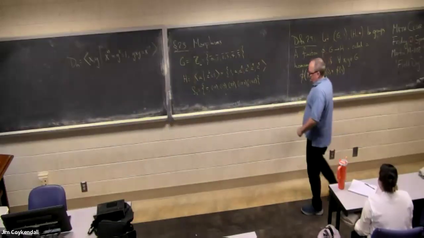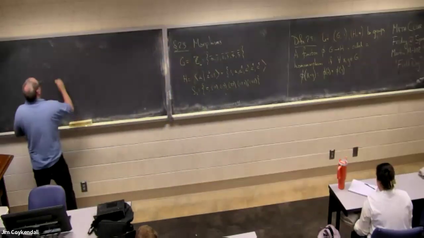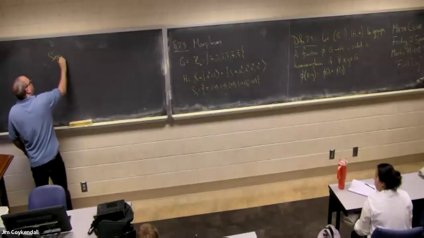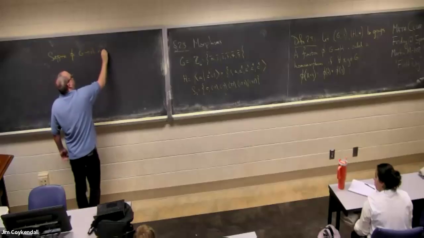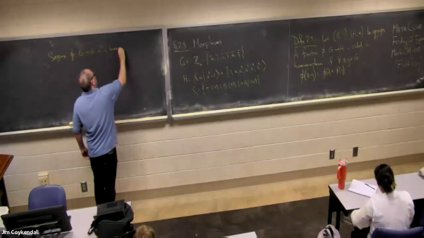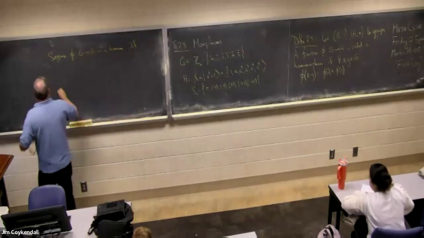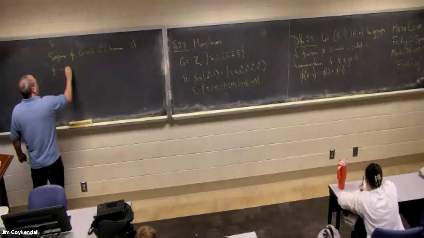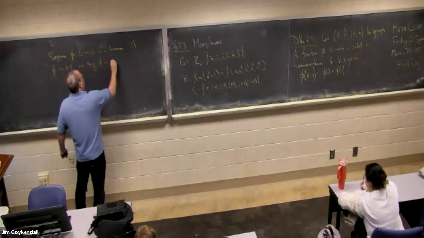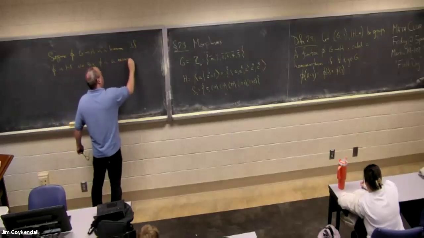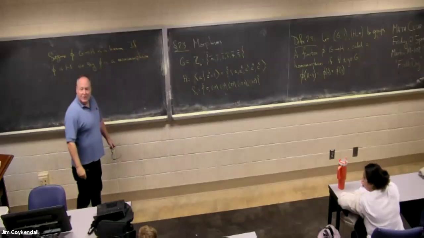Okay, so let me add to the definition a little bit. Suppose phi from G to H is a homomorphism. If phi is 1 to 1, we say phi is a monomorphism, or sometimes I'll say phi is injective.